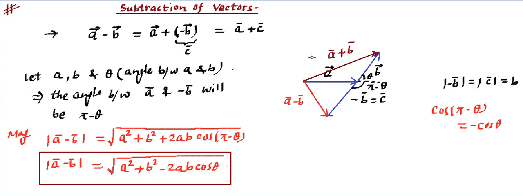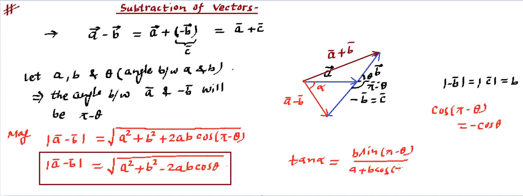Let's say this is the angle alpha. So this alpha angle is going to be given by tan alpha. You remember tan alpha in case of addition, the only difference we need to make is replace theta by pi minus theta. So this will become magnitude of b sine pi minus theta divided by a plus b cos pi minus theta.